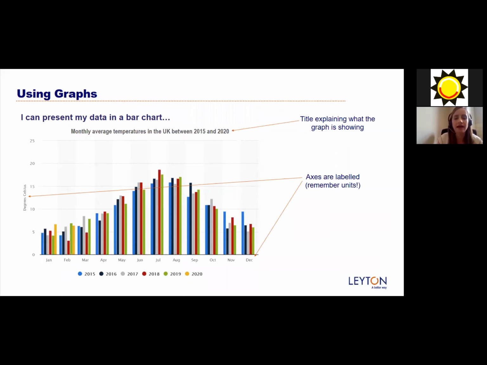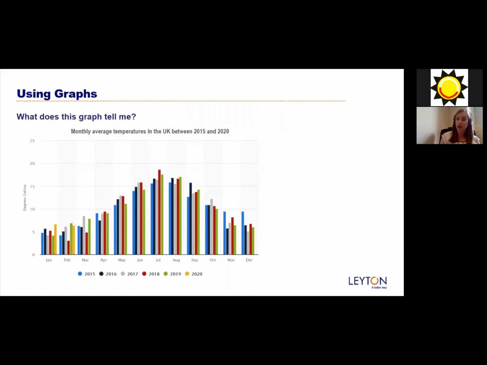And where you are using things like temperature and it's got a unit, so degrees Celsius, always add the unit to the axes. Another aspect for this chart is because I've got multiple years that I've plotted, I've got a legend and I've used different colours to show which of these different bars refers to which year. So it makes it a lot clearer to see which years I'm referring to.